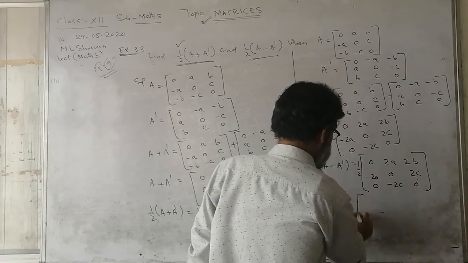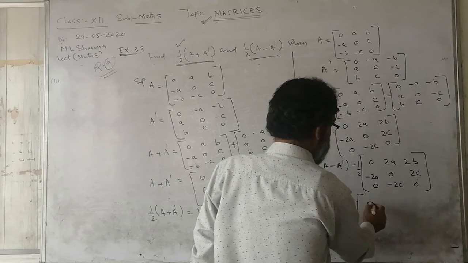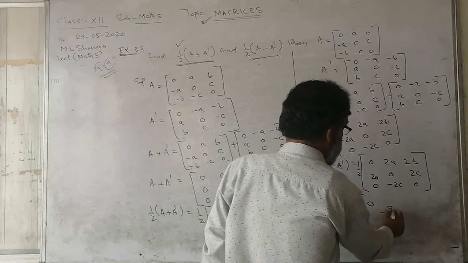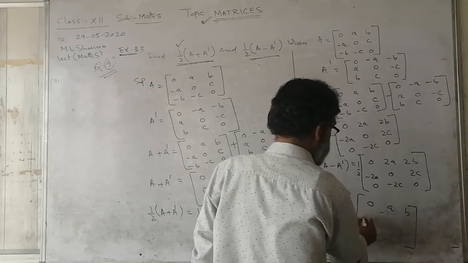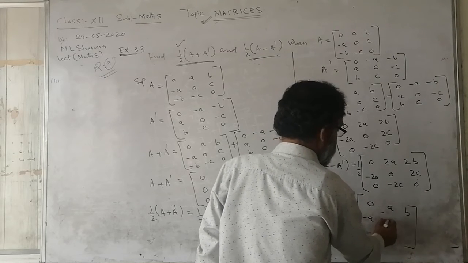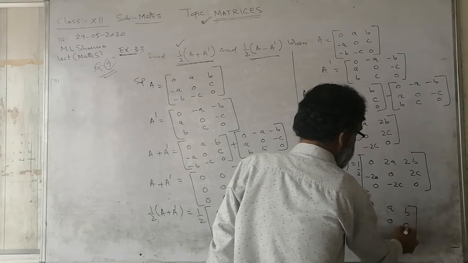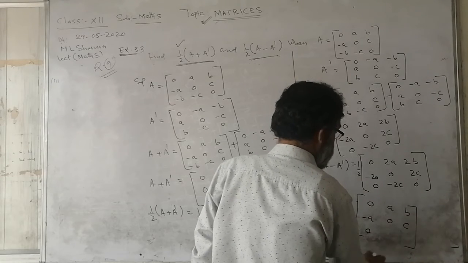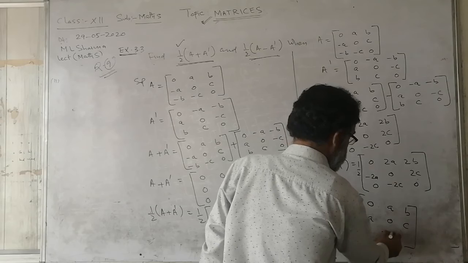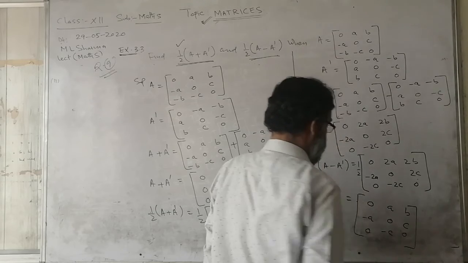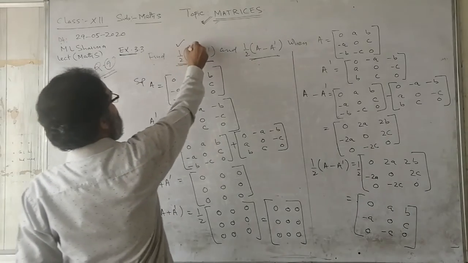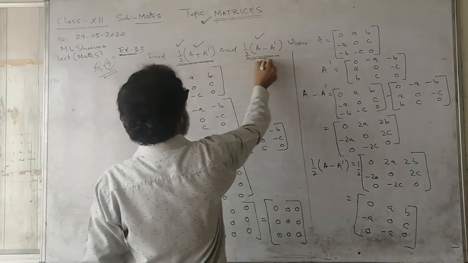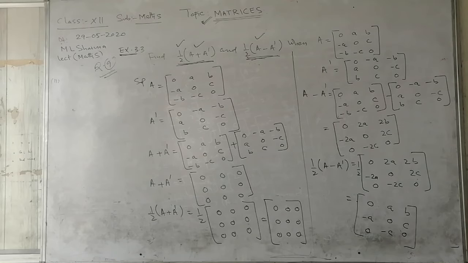This will finally equal 0, A, B here, minus A here, 0 here, C, 0 here, and minus C here, 0 here. So this is the final value of this. In this way, this and this can be calculated.